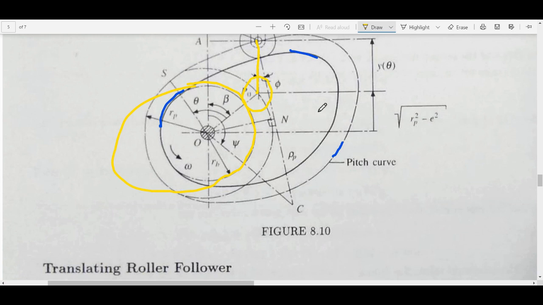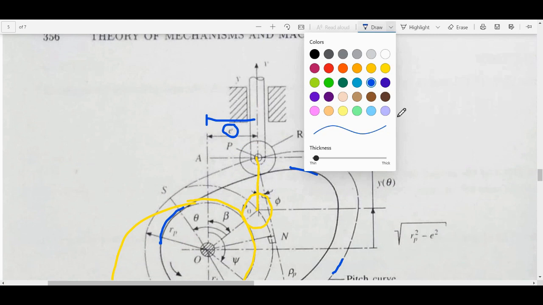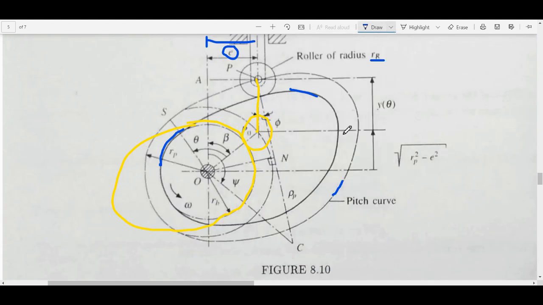You see, so that is where y is measured from. That is why y is measured from here. Okay, and how much is this height? This height is determined in terms of the pitch circle radius as well as the offset. See, because this is the pitch circle radius and this is the offset, and so this height is given like that.